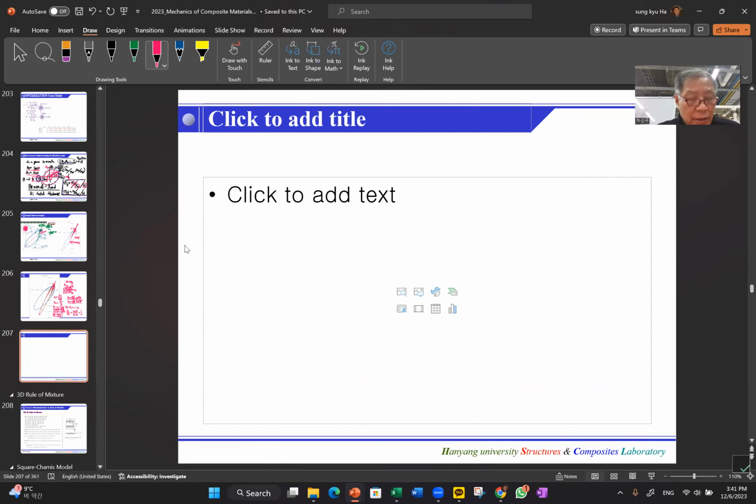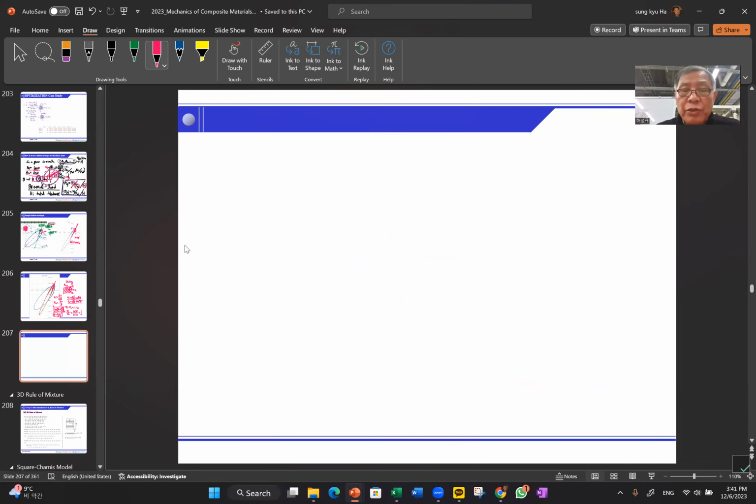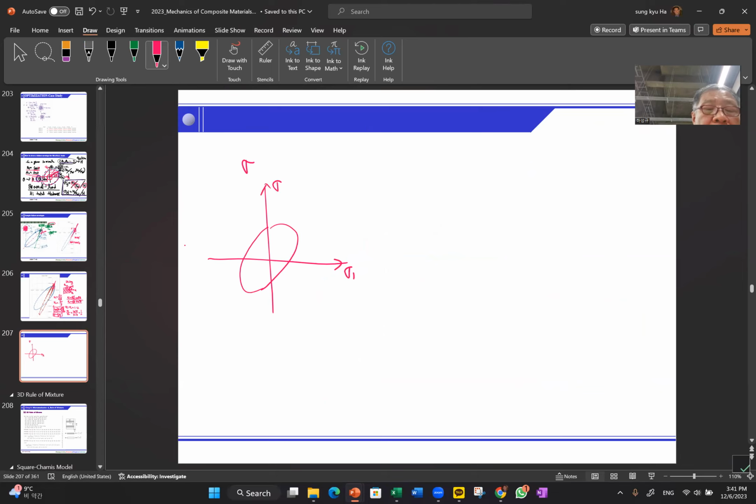Now another thing you can think of is that, okay, so far we plotted the sigma 1 and sigma 2 failure envelope. But how about sigma 6?